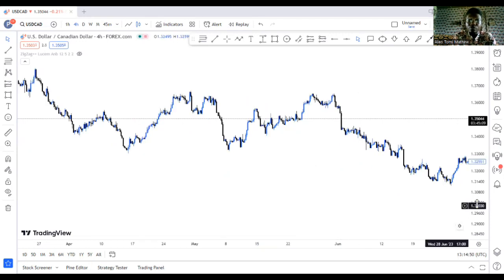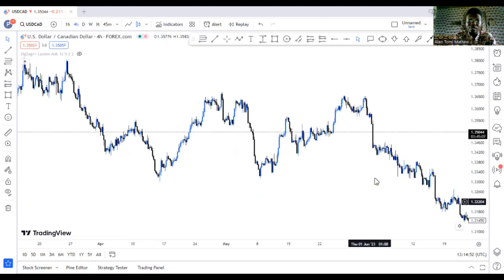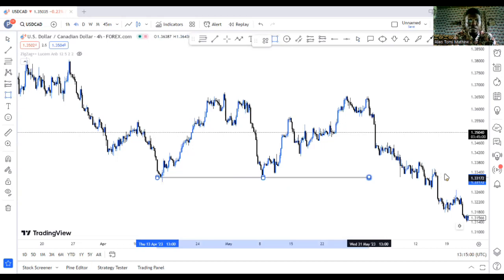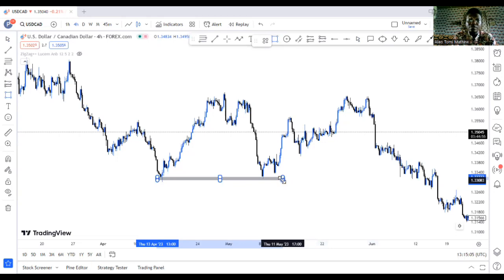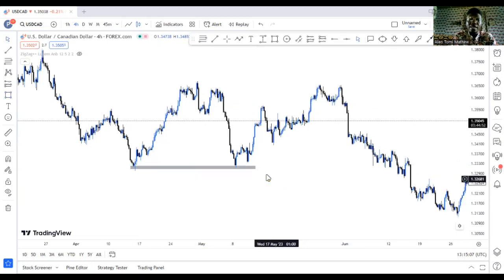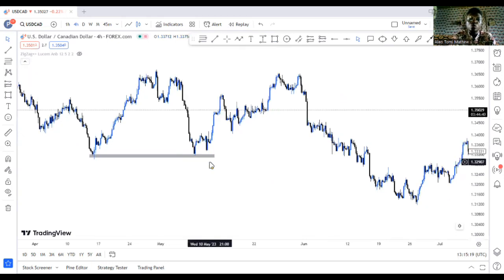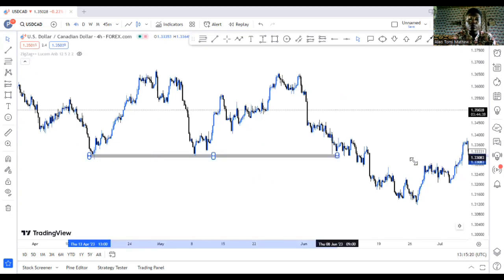From this chart in front of me, we can just take our rectangle tool, plot from this level, and you want to extend it to the future, because you don't just draw it this way and leave it like that. No, you want to extend it to the future, hoping that peradventure price can still come back to that zone and react on that particular place.